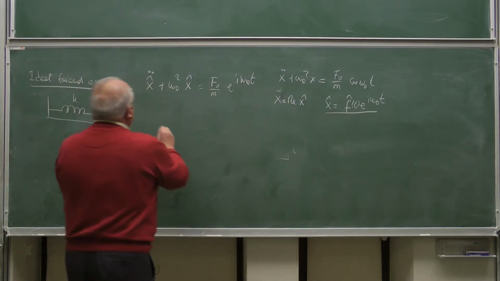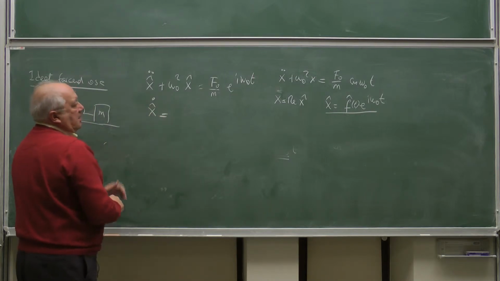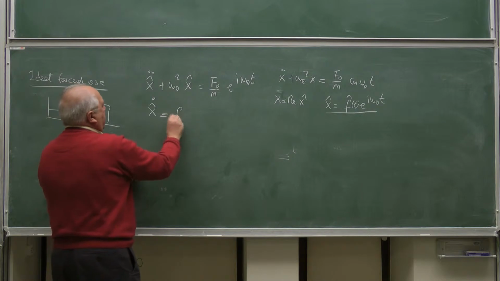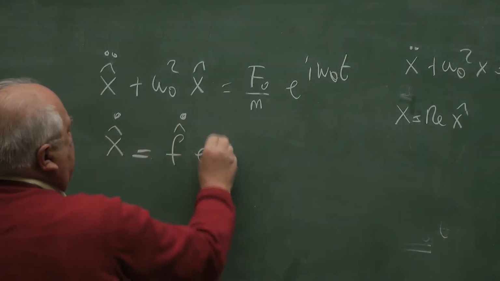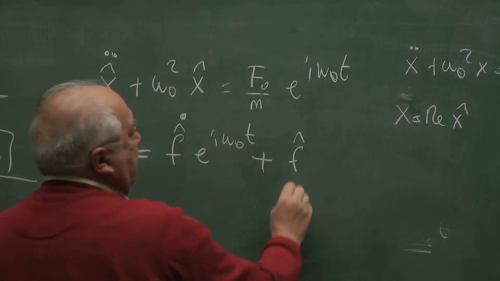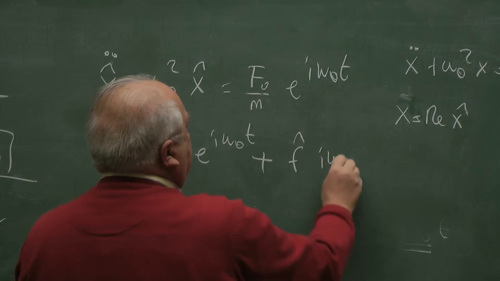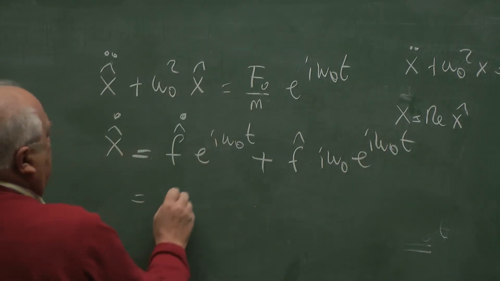So let's write x dot is equal to f dot e to the i omega 0 t plus f times i omega 0 e to the i omega 0 t.